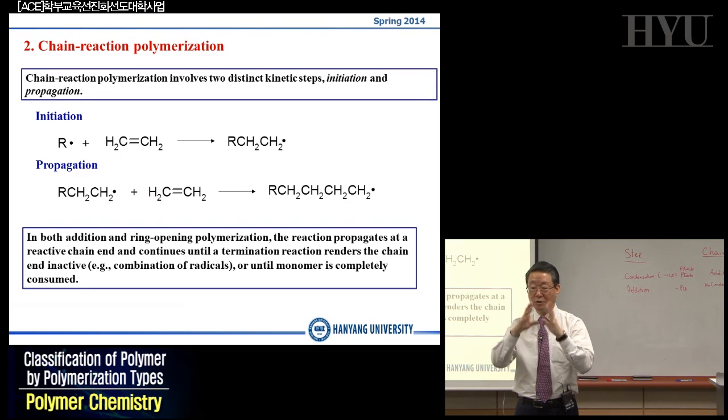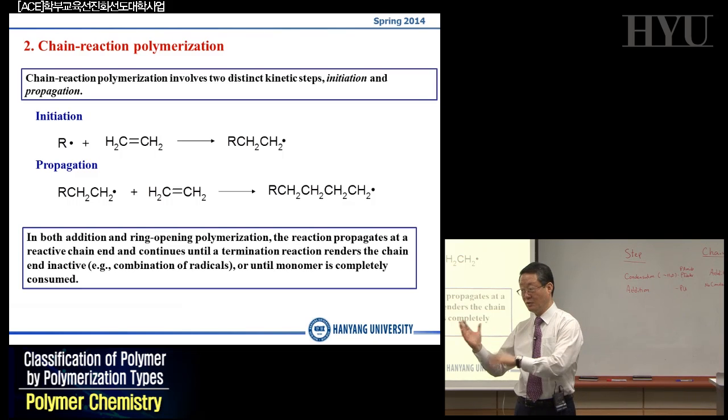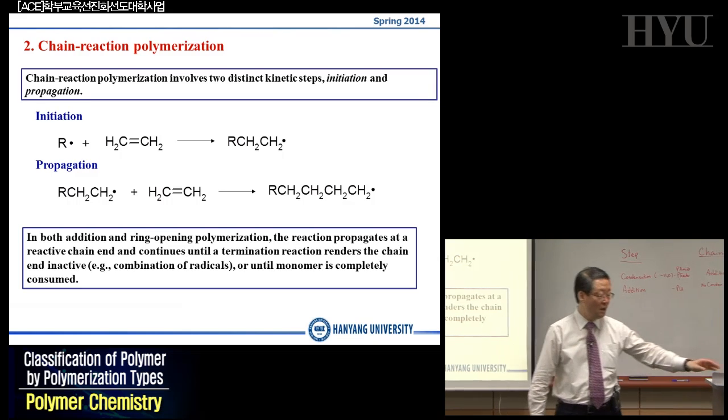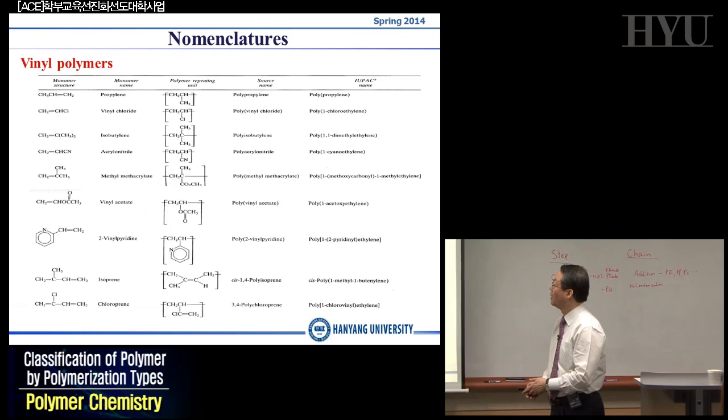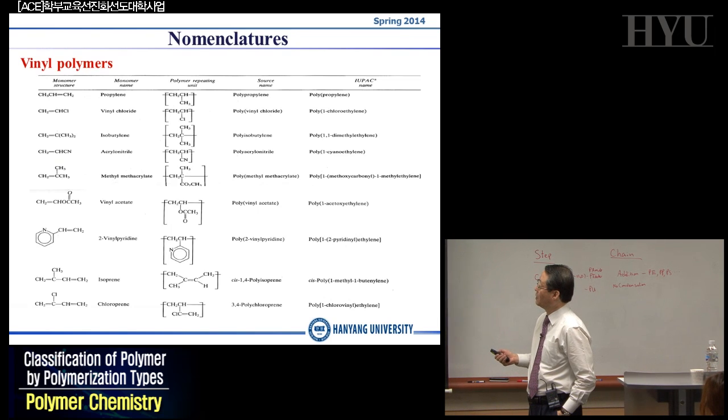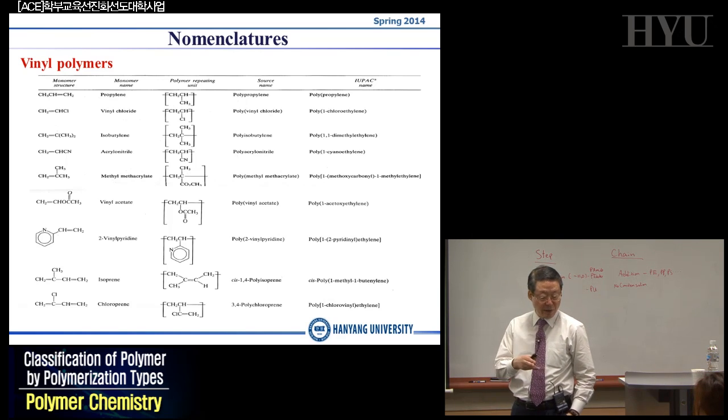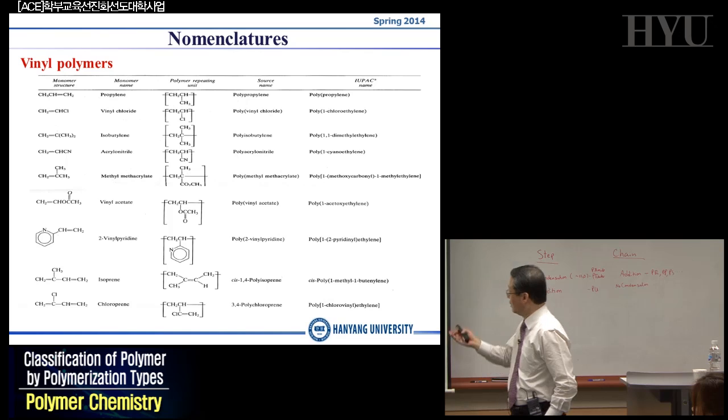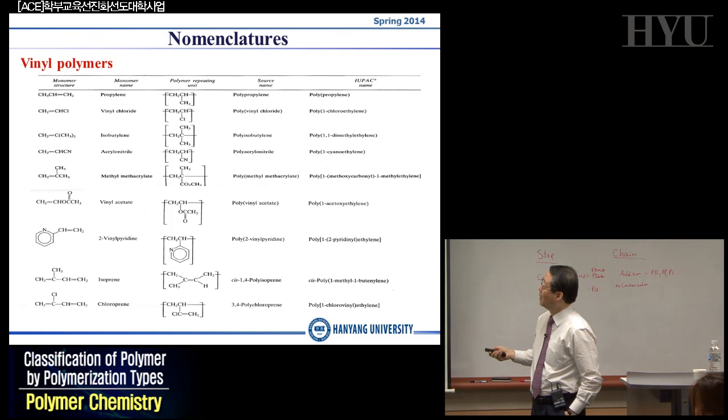This is just a brief summary, and I think we will talk in more detail about step growth for about 3 weeks, and chain growth for about another 3 weeks. This is just the introduction. I hope that you can see the nomenclature of these polymers. Nomenclatures are listed in the back of your textbook, and we can just copy this here.